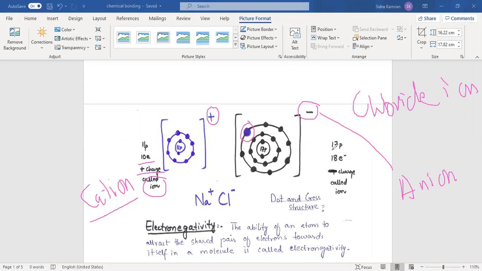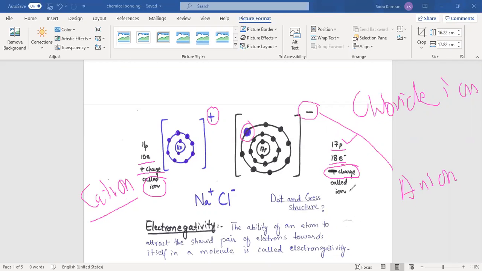Now you can see here chlorine, as we said before, has an atomic number of 17. So it has 17 protons and 17 electrons. But by the gain of one electron, it now has 18 electrons. So by taking one electron, it contains a negative charge.